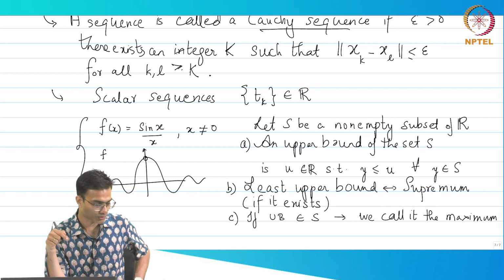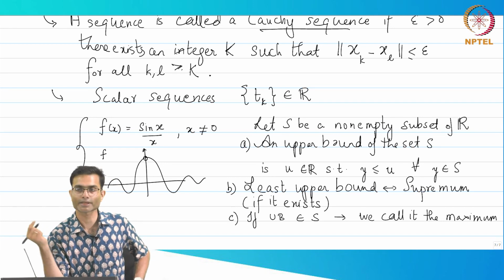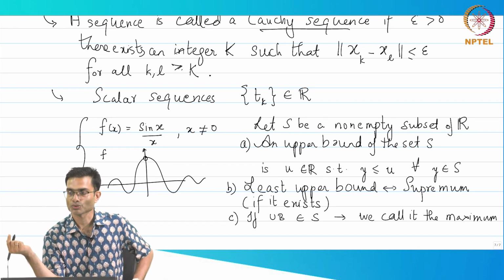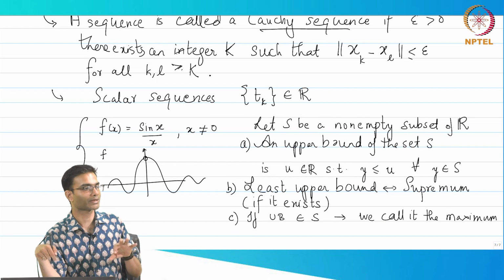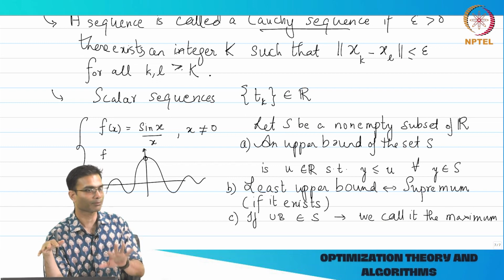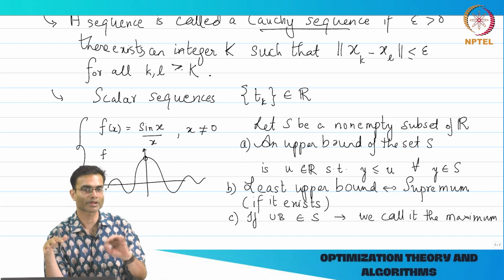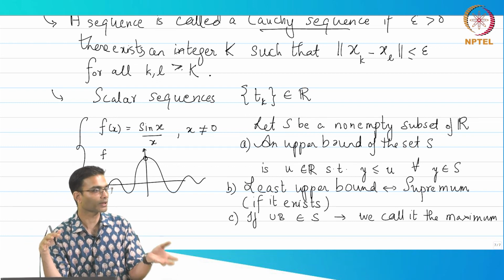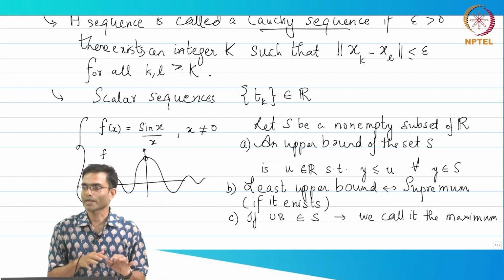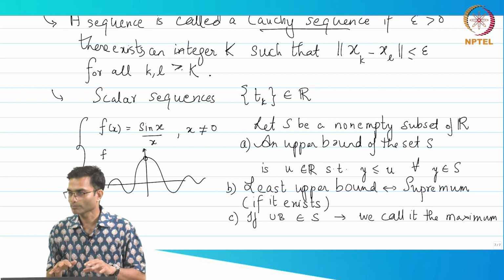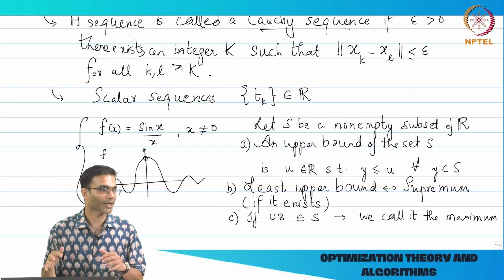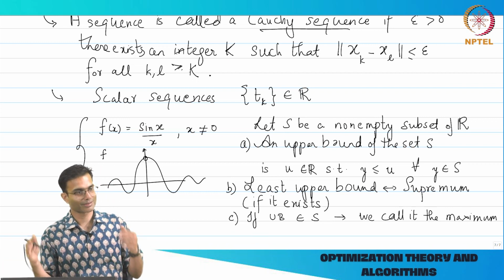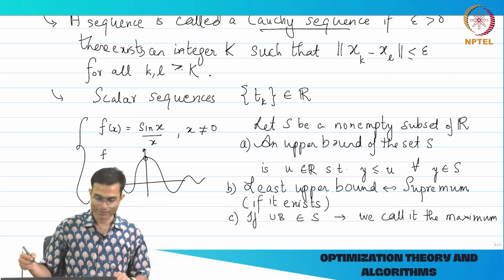So this set does not have a maximum, but it has a supremum. If I had given you these definitions without the example, it would have been very confusing, but with this example it is perfectly clear. The only distinction is whether the upper bound belongs to the set or not, that's all. This is often something that mathematicians care a lot about. Engineers are like, okay, let's just put it to use, get our result.